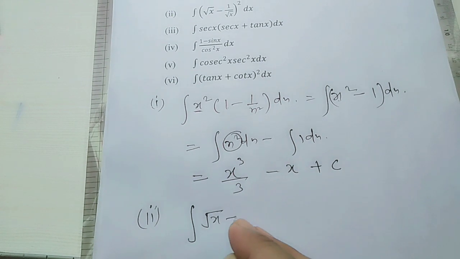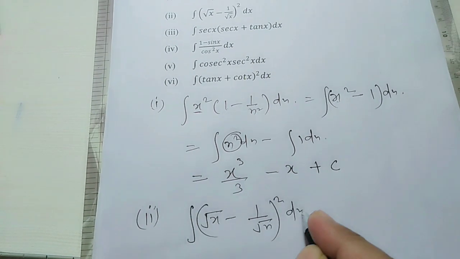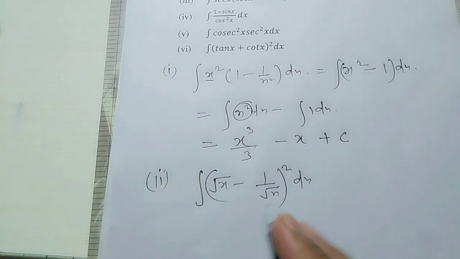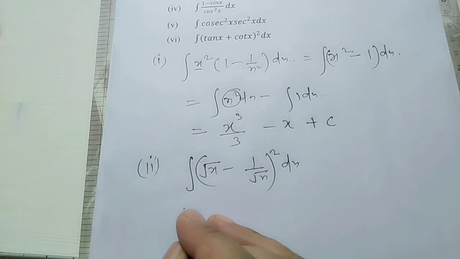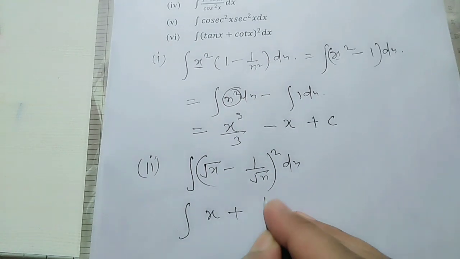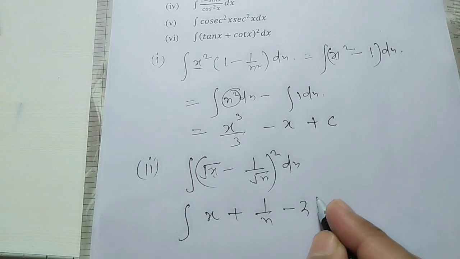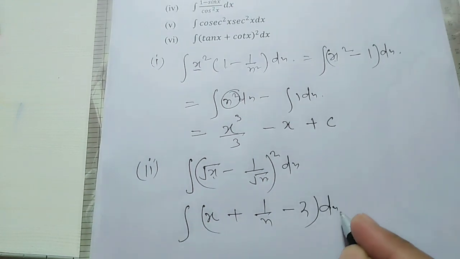Now coming to the second part, integration of x minus 1 upon under root x whole square. Before performing the integration, we will open up the square like a square plus b square minus twice a into b. So these will cancel.